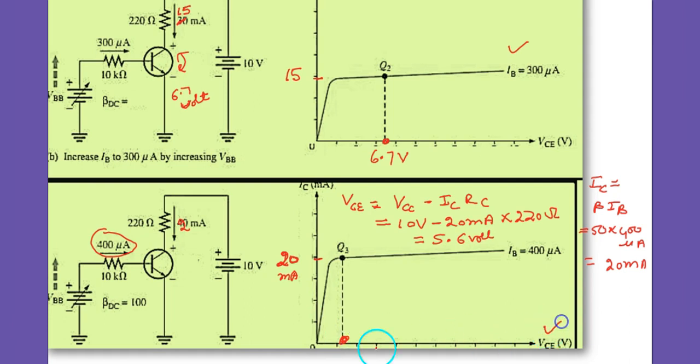Again, this is very important: VCE is further decreased. First it was 6.7, now it is only 5.6 volt. So with an increase in IB and IC, VCE is decreasing. This is to remember.